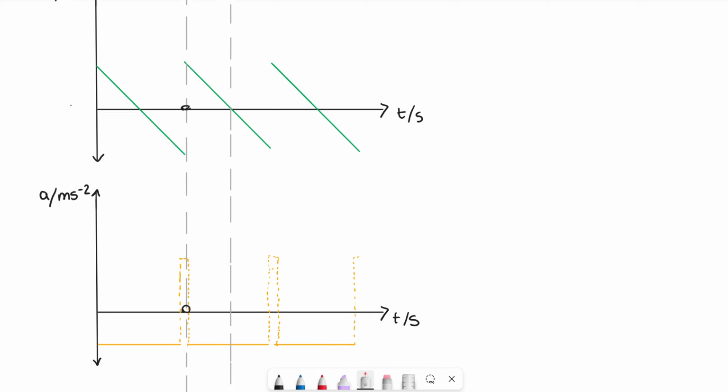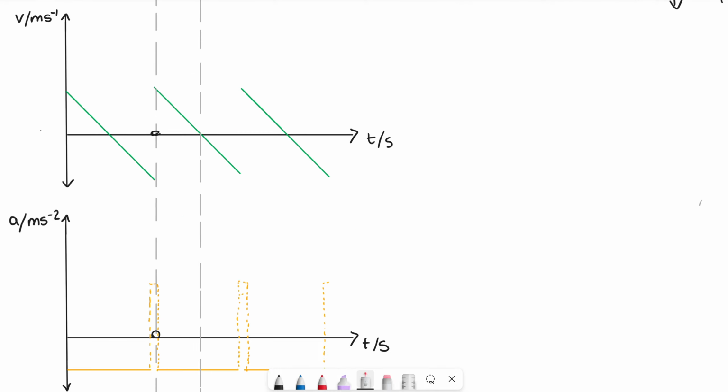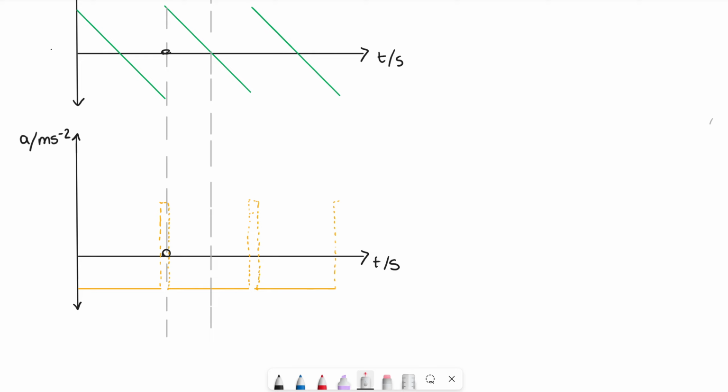Now, to explain this, if you look at what's going on, we see that momentarily when the ball is at the bouncing point, when it touches the ground, it's about to bounce back up, we have a sudden change in direction of velocity. Since velocity is a vector quantity, a change in the direction of velocity will make it negative or positive.